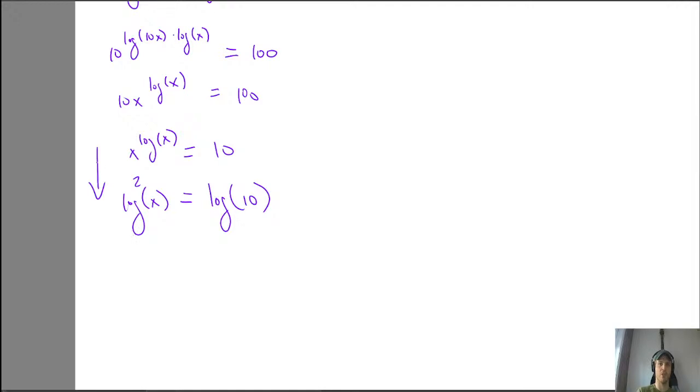Let me know if you need something. Okay. Then this is log squared of x equals 1.